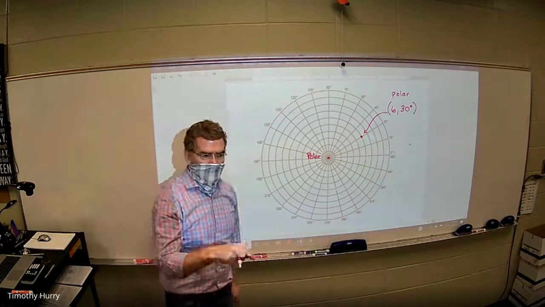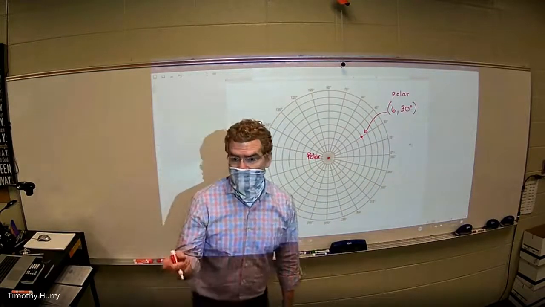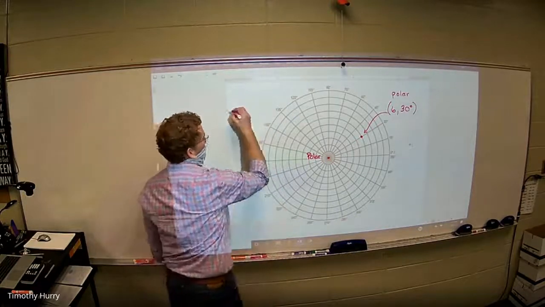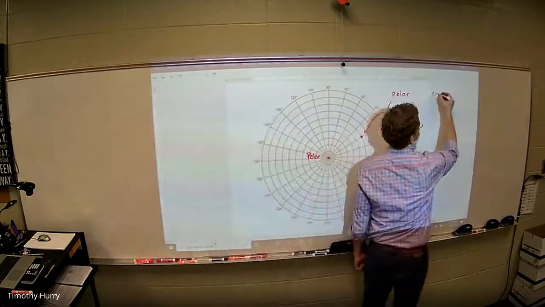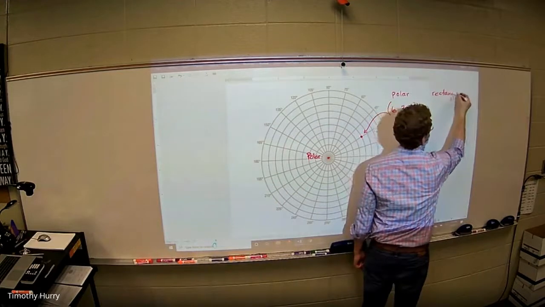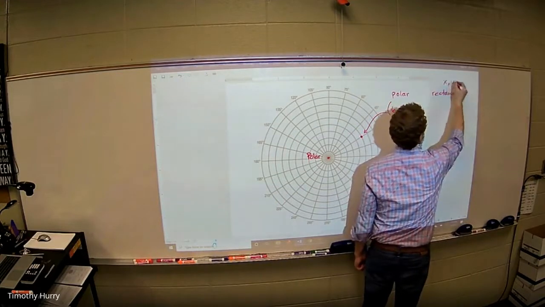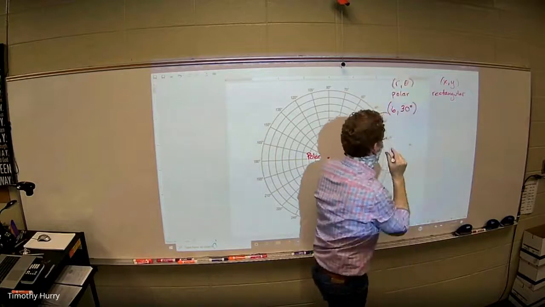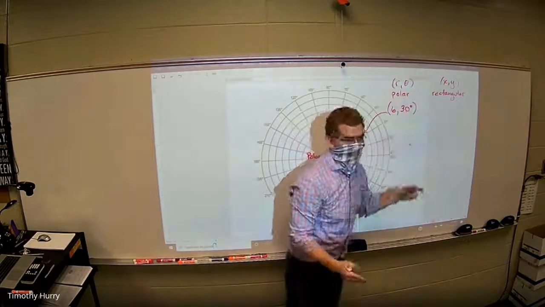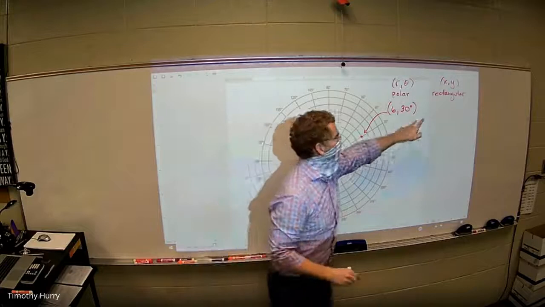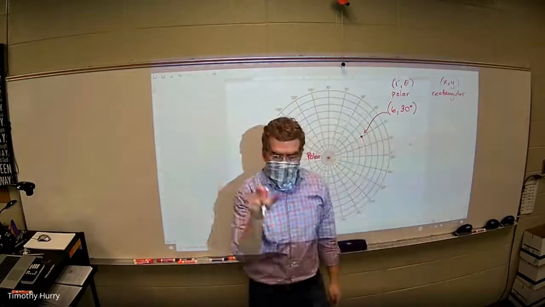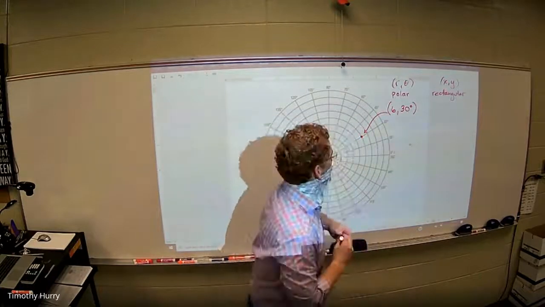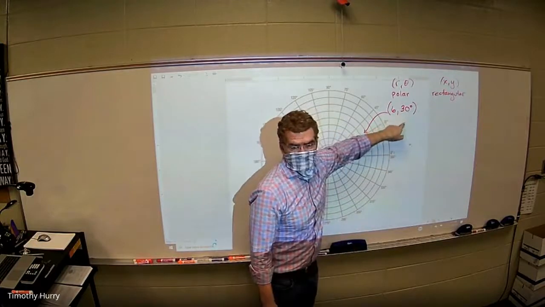Now, unlike rectangular coordinates, that's polar, rectangular is me using X's and Y's. Polar, R's and thetas. So the R is the distance you move, the theta is the angle that you move. Unlike these, where there's only one coordinate that matches, there are lots of coordinates that could match this.